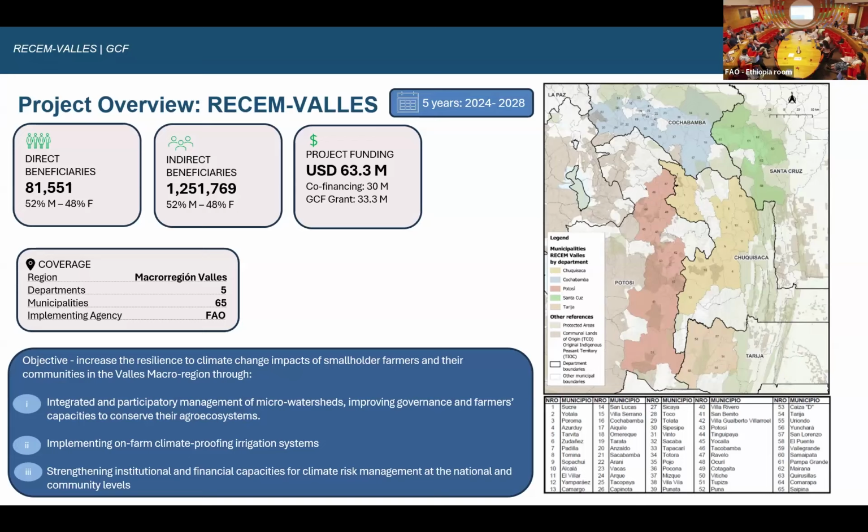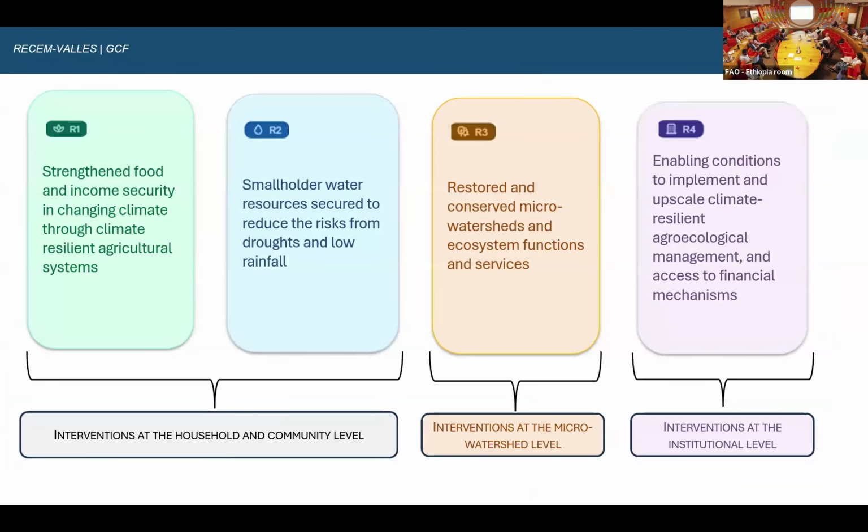And the objective of this project is to increase the resilience to climate change. So again, reference to this almost mythological word, resilience, for the farmers and the communities in the valleys macro region. All right.